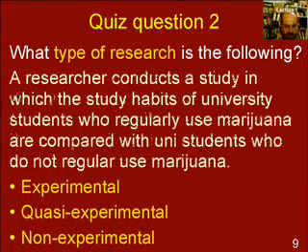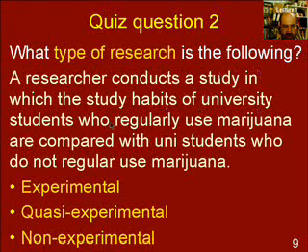Quiz question 2. What type of research is the following? A researcher conducts a study in which the study habits of university students who regularly use marijuana are compared with uni students who do not regularly use marijuana. So clearly there's some comparison going on here between two groups, users and non-users, but there's no random allocation.